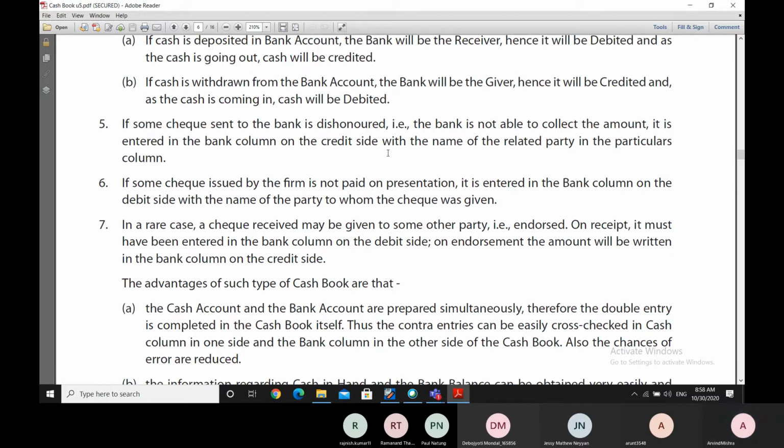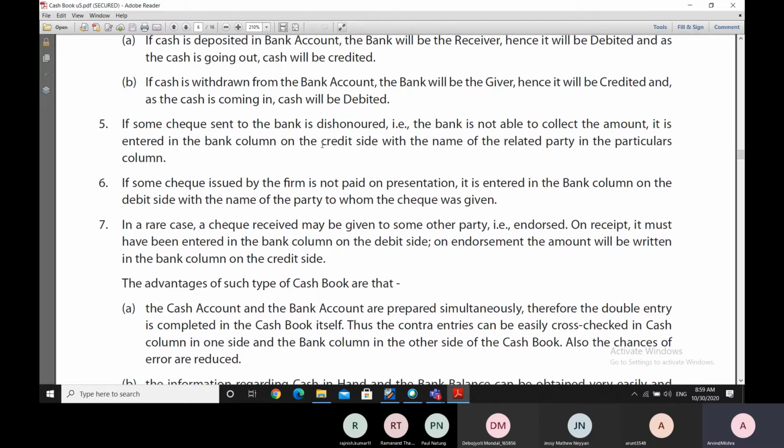Then when we send that check to the bank for depositing into the bank, we have to make a contra entry as if cash is being taken from the office and sent to the bank. So to make that contra entry, we make an entry of the payment of the cash in the cash column.